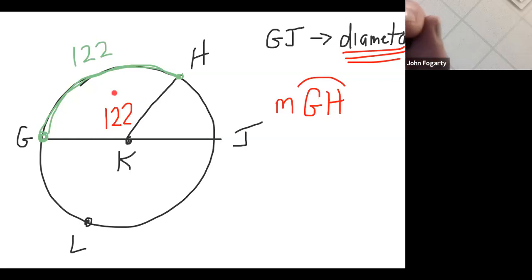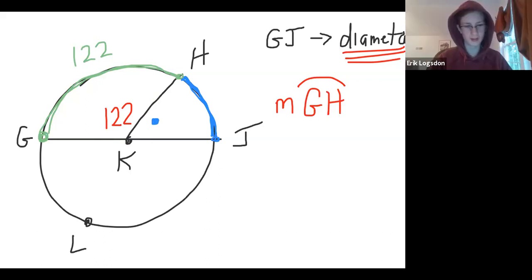I told you this is a diameter, right? So if this is 122 here, what's this? This is the diameter, a straight line. 122 here. What does this have to be? Well, what do you know about this one and this one together? They equal 180.